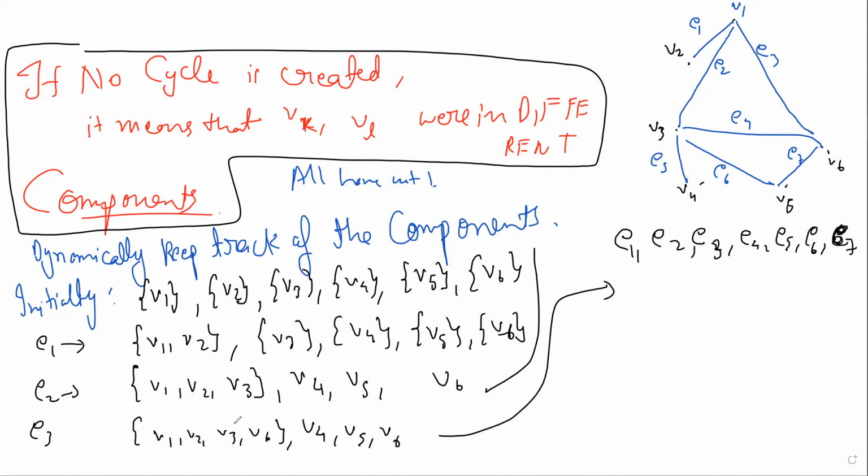V3 and V6 are already in the same component, and this is how you check that a cycle is created. It says a cycle is created because things are already in the same component and you're putting an edge. So there'll be an alert: cycle is created, don't take that edge.